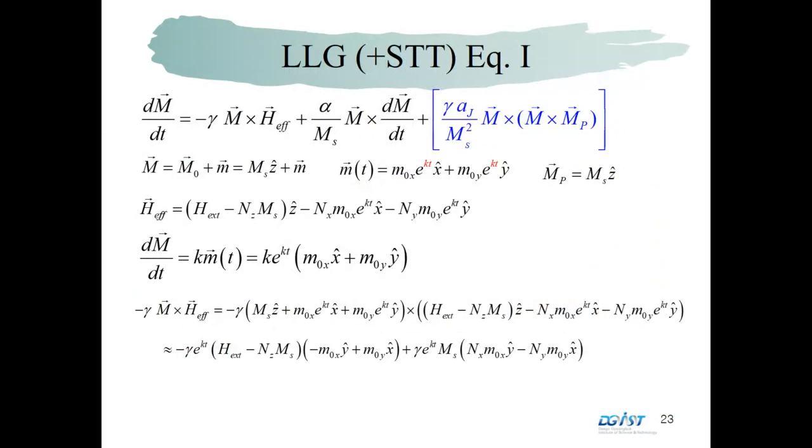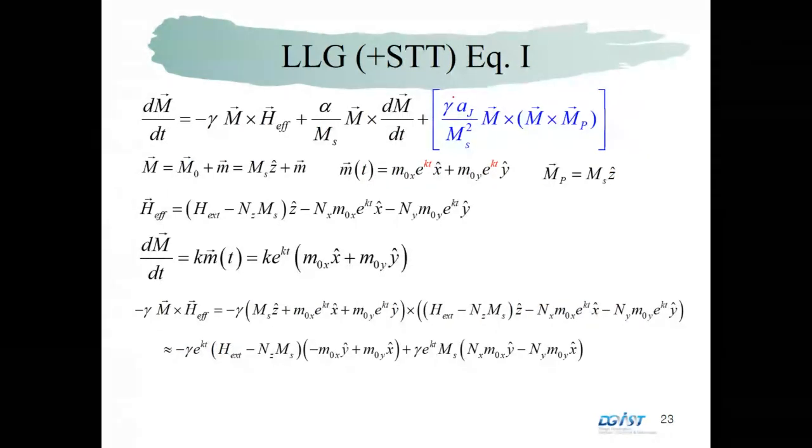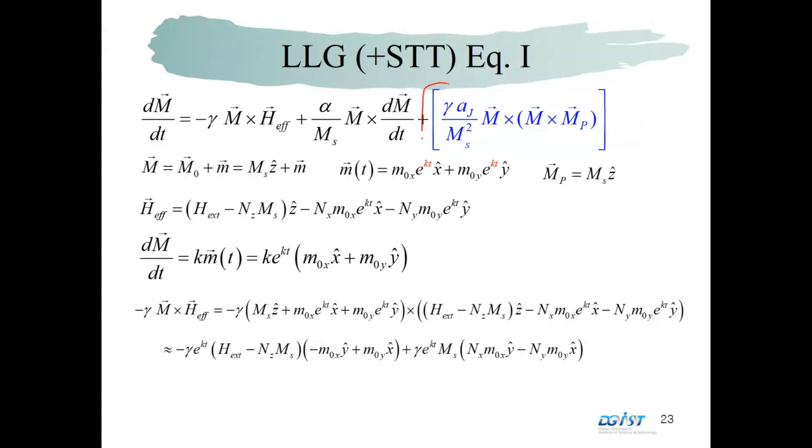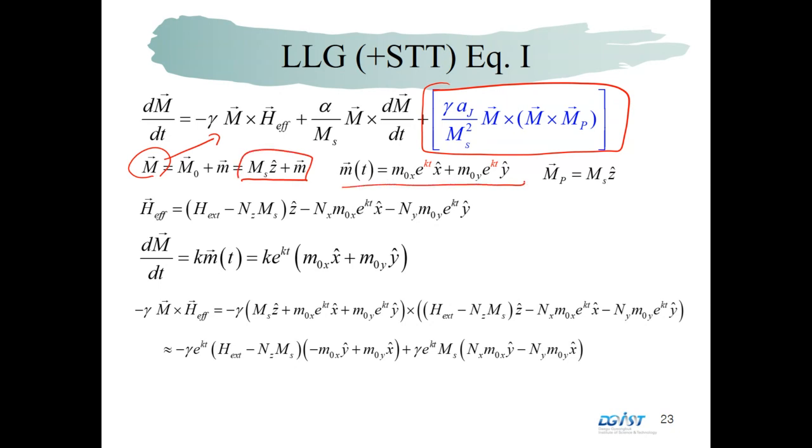Okay, so if we add this spin transfer torque term, the problem is a little bit more complex, but let's do it. So as we already explained, we insert the magnetic moment in this energy equation in this form, with the assumption of this trial solution.